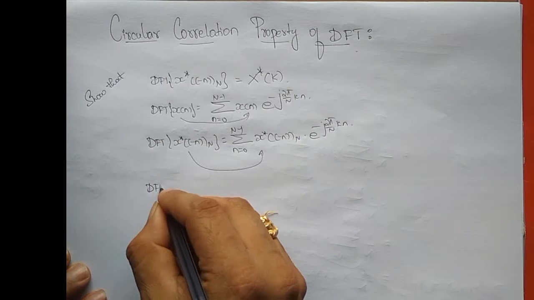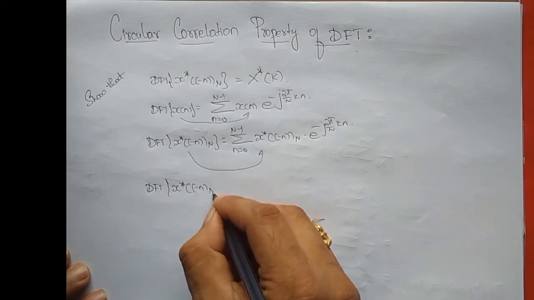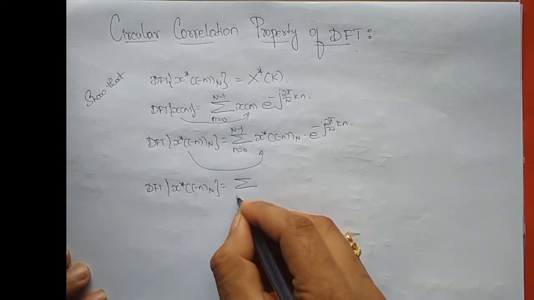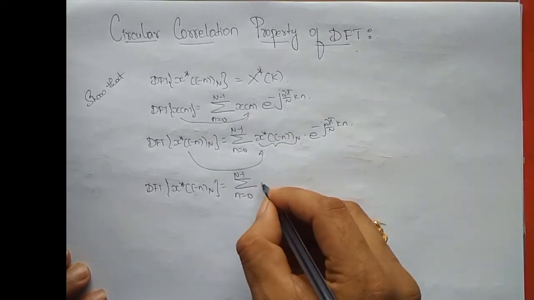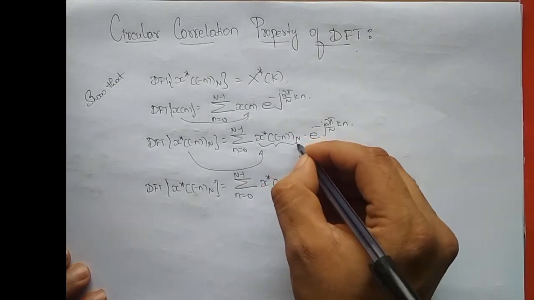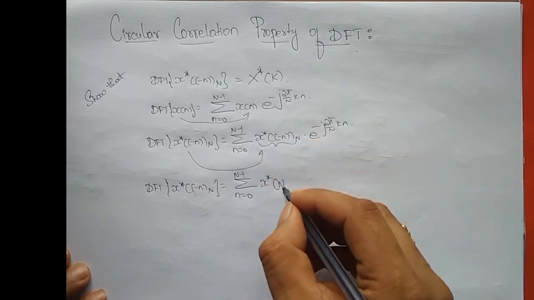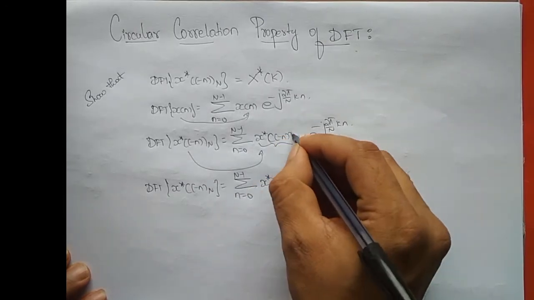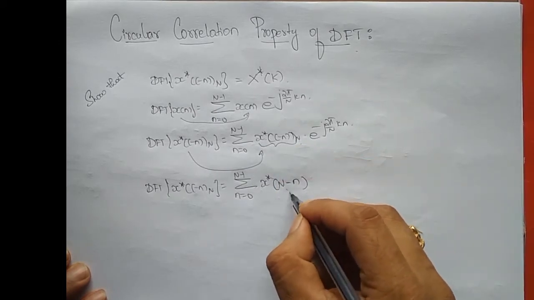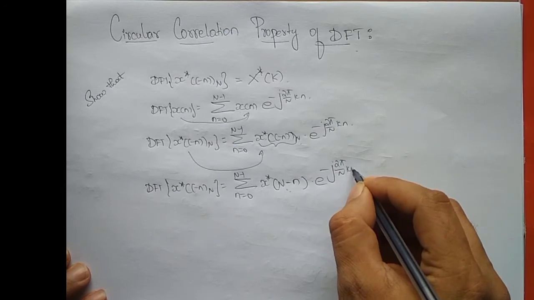So the DFT of x star of minus n mod N is equal to summation n varying from 0 to N minus 1. How do I write it in terms of capital N? It is x star of, you take this minus n inside the bracket and remove one outer bracket, into e power minus j 2 pi by N into kn.